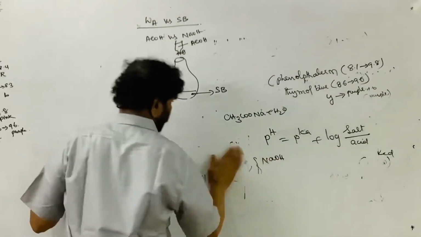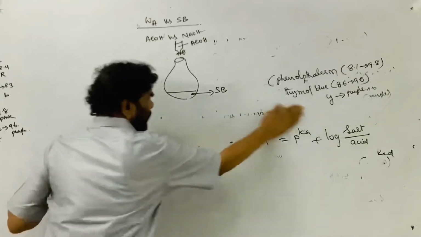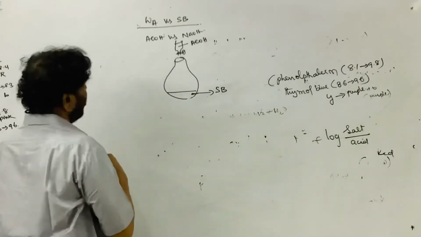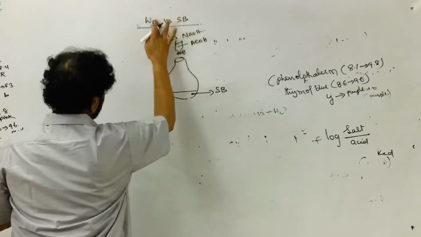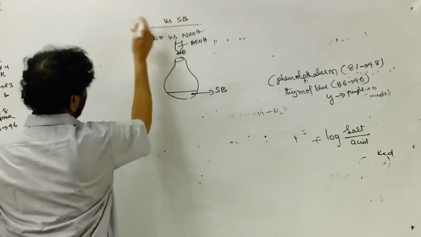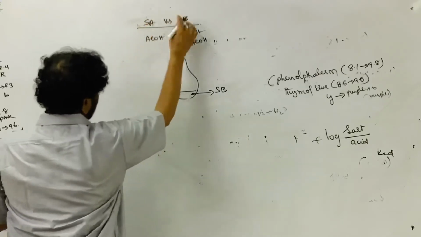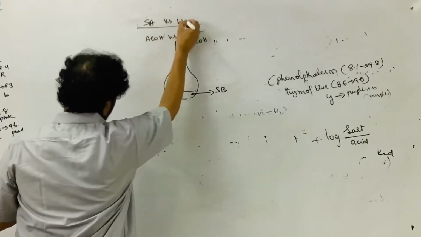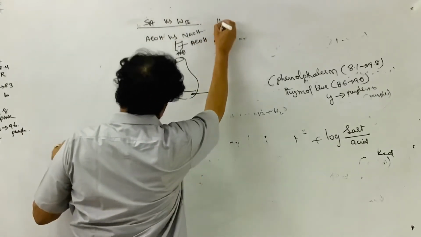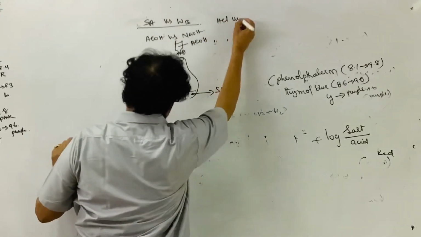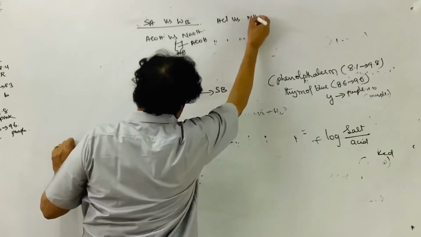Now you come to the next one, which is strong acid versus weak base. The base is weak: strong acid HCl versus ammonium hydroxide.